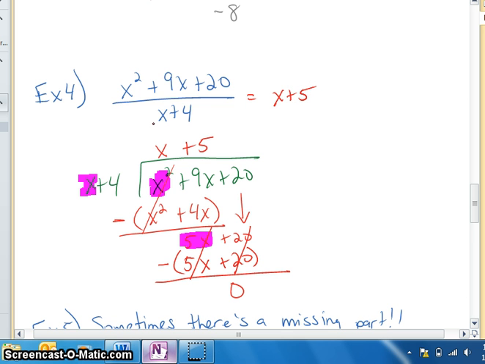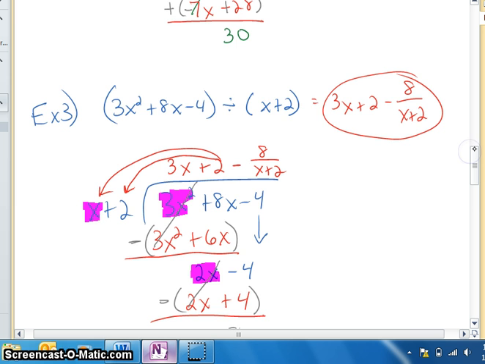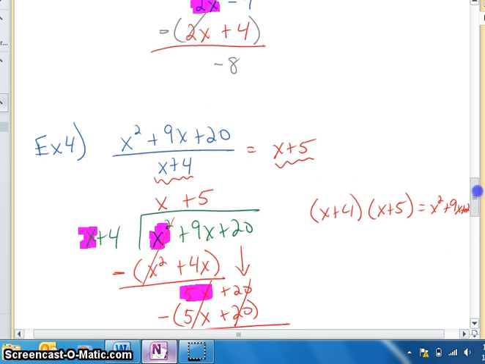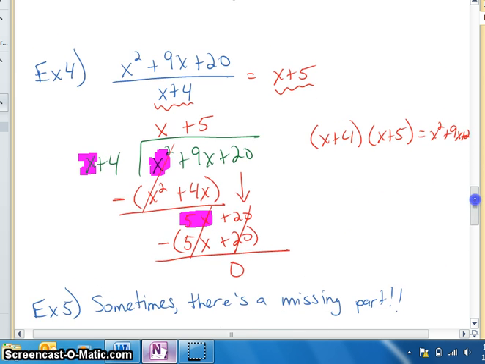This means x plus 4 and x plus 5 are factors of x squared plus 9x plus 20. If I were to multiply x plus 4 times x plus 5, I would get x squared plus 9x plus 20. They're factors.